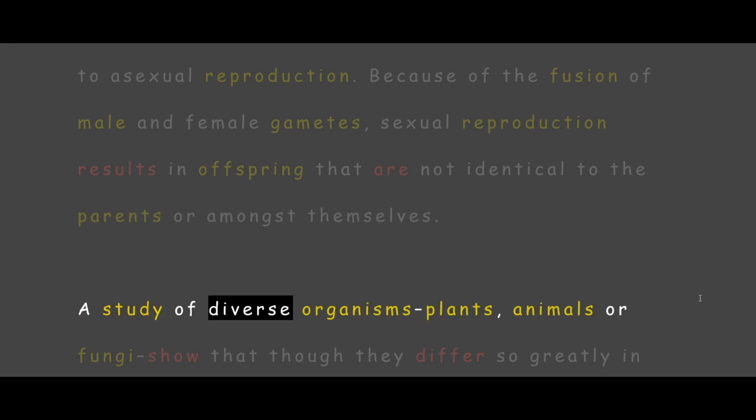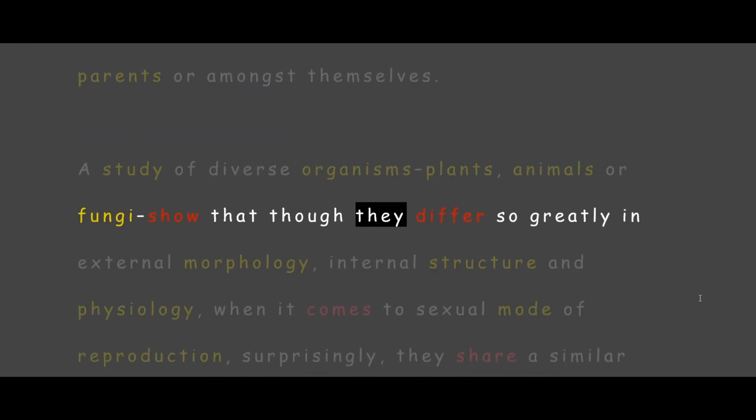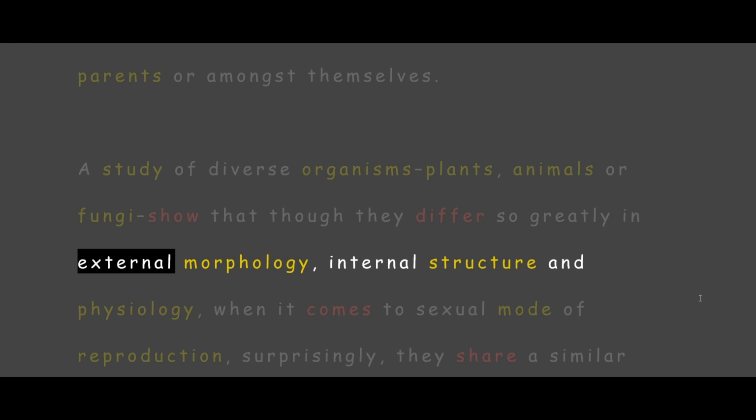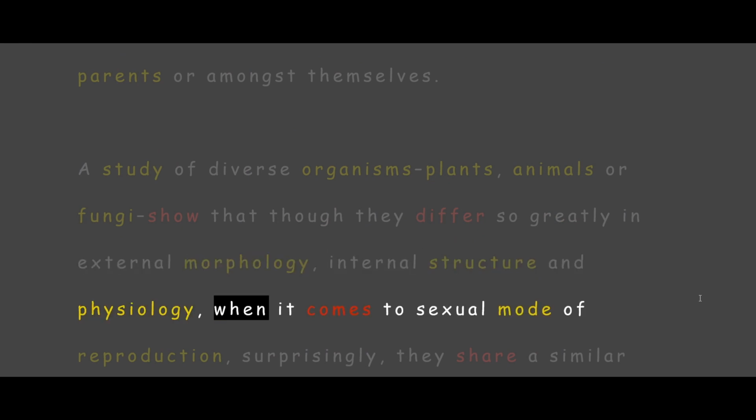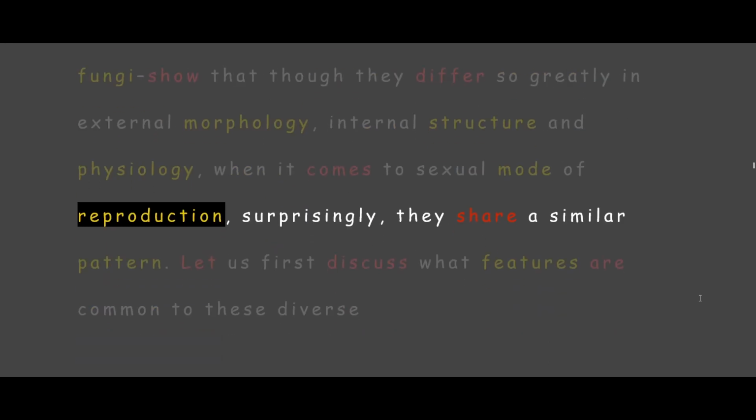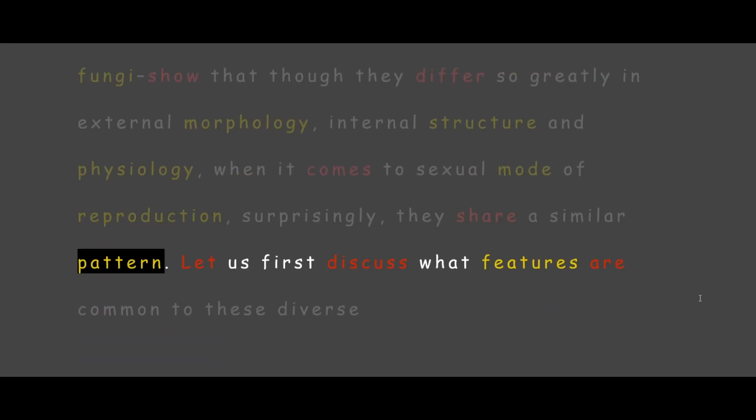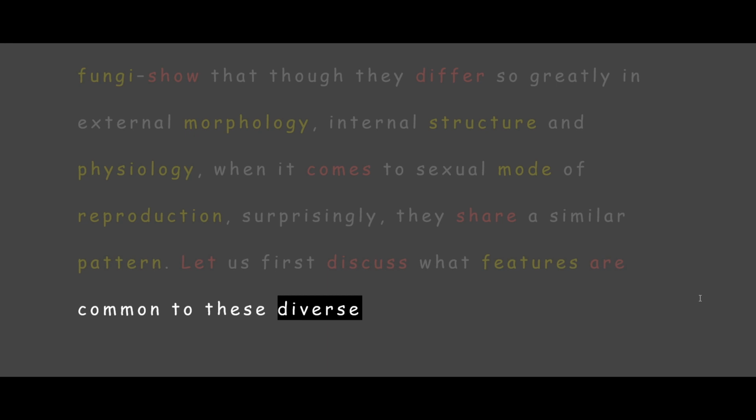A study of diverse organisms, plants, animals or fungi, show that though they differ so greatly in external morphology, internal structure and physiology, when it comes to sexual mode of reproduction, surprisingly, they share a similar pattern. Let us first discuss what features are common to these diverse organisms.